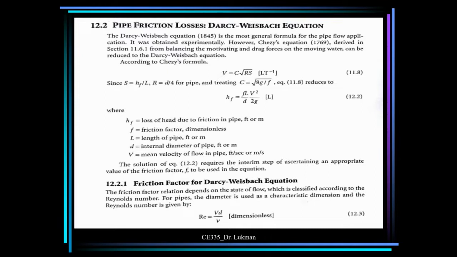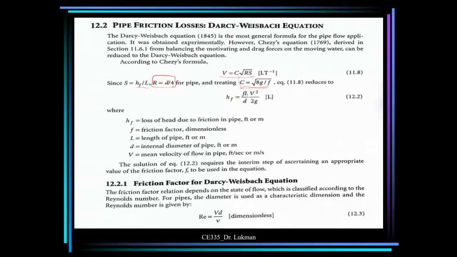Here we can start from the Chezy equation, V equals C times the square root of RS, and replace S with HF over L and R with D over 4. You remember we derived that the hydraulic radius is D over 4 when you are dealing with a pipe. Then the Chezy constant you replace with C equals square root of 8g over f.